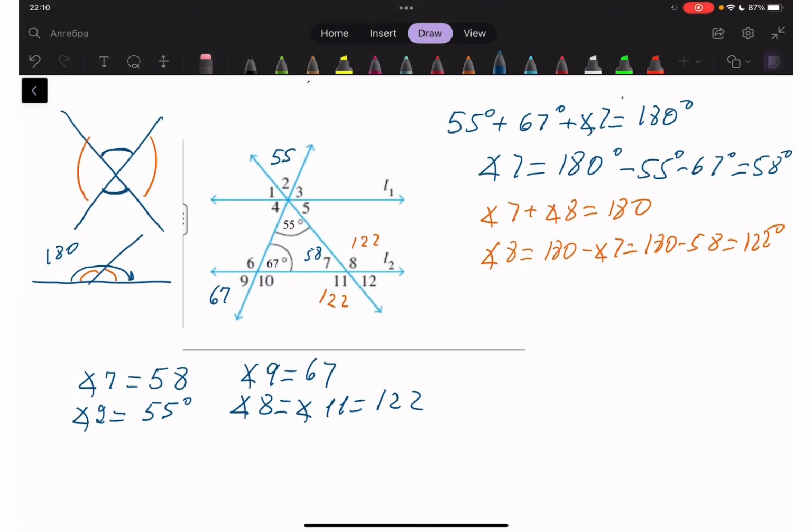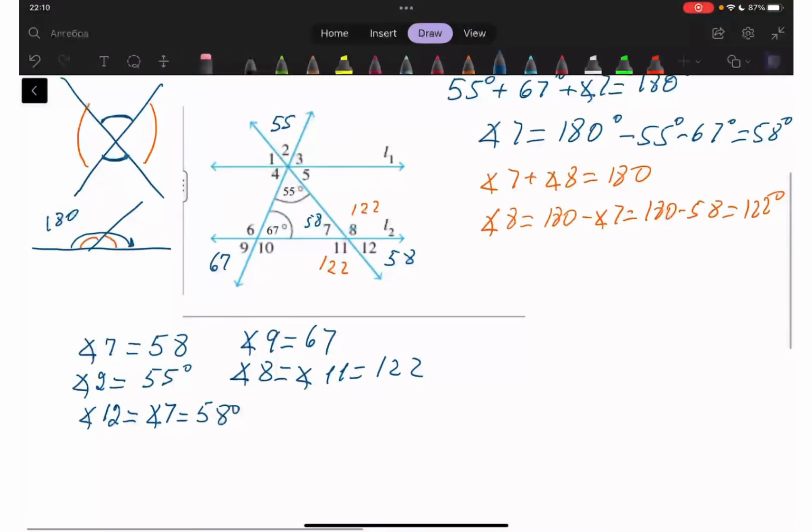All right, since we have this, now I'm looking at angle 11 to find angle 12. Angle 7 is equal angle 12, yes? Let me use green color. Okay, let me clean it. And that's going to be also 58. So let's write down angle 12 is equal angle 7 and is equal 58 degrees.